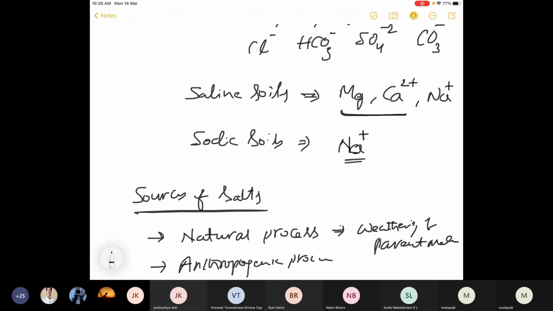So during this weathering process, the salts will come out, and that will be within the soil profile. Then after that, during irrigation or the evaporation process, the salts are going to be migrated from the place where they are to other places in the soil profile. So that's due to the natural process, mostly the weathering.